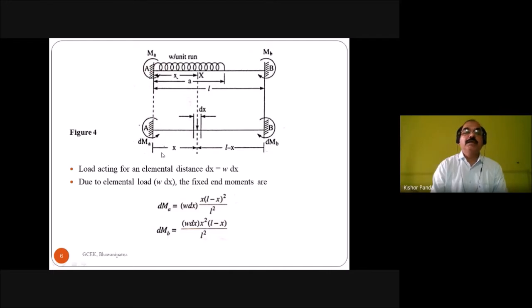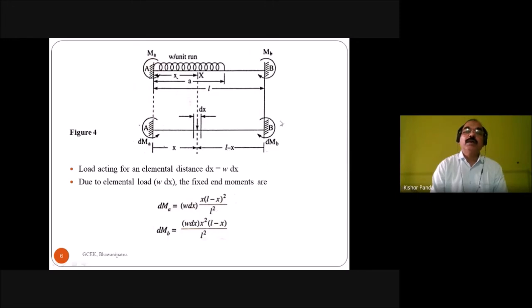So dMA is equal to W dx into x into (L minus x) whole square divided by L square.